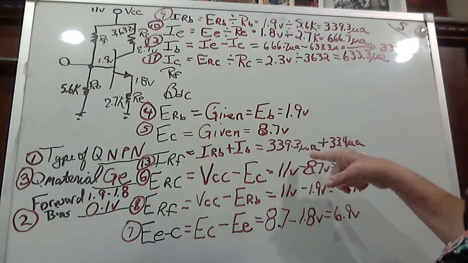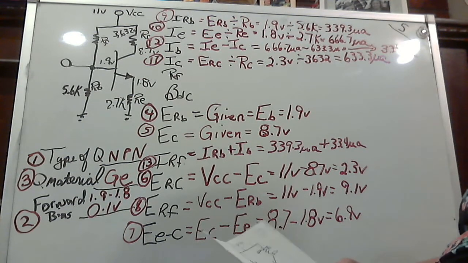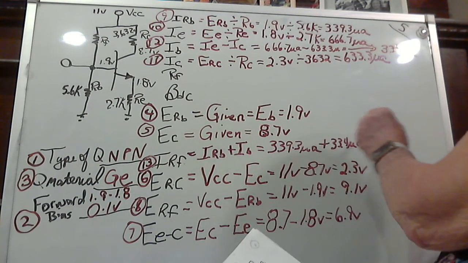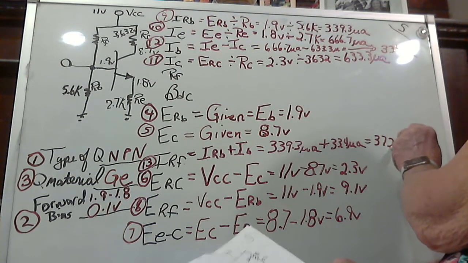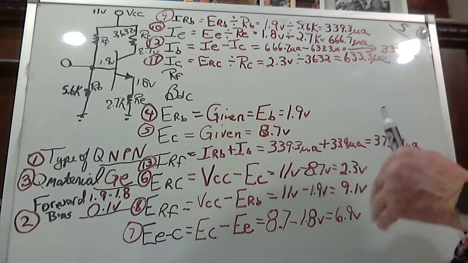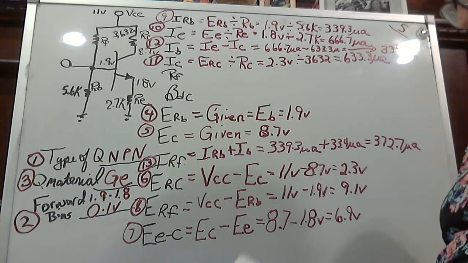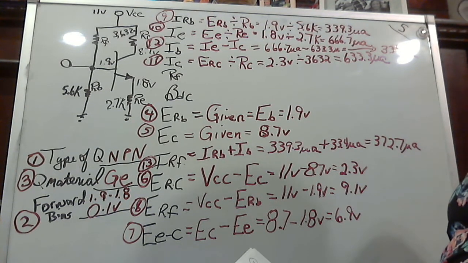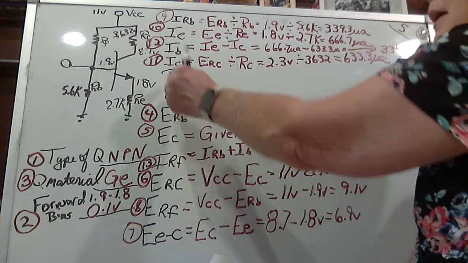So now we know that that is going to be equal to 372.7 microamps. And that last number may be 373 or something like that. I mean, you can round it up some if you round them all up. So now we have the current.